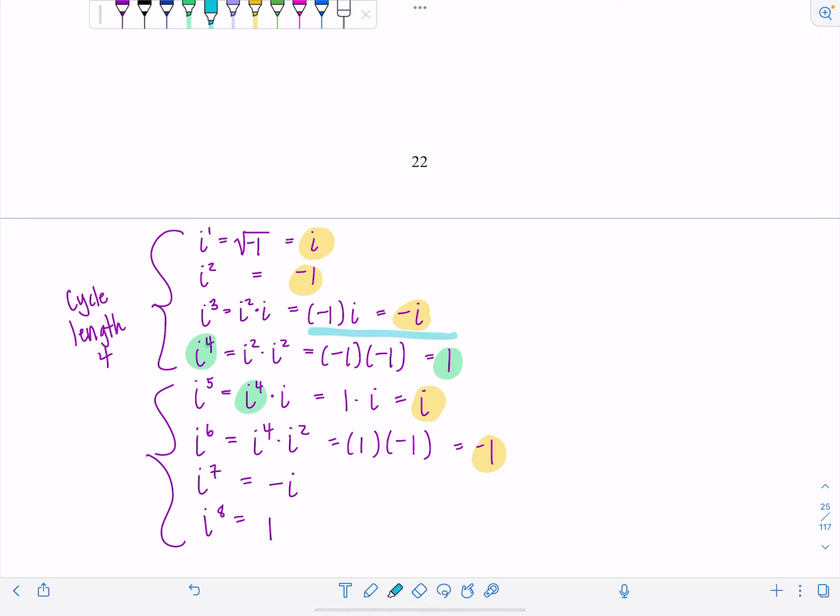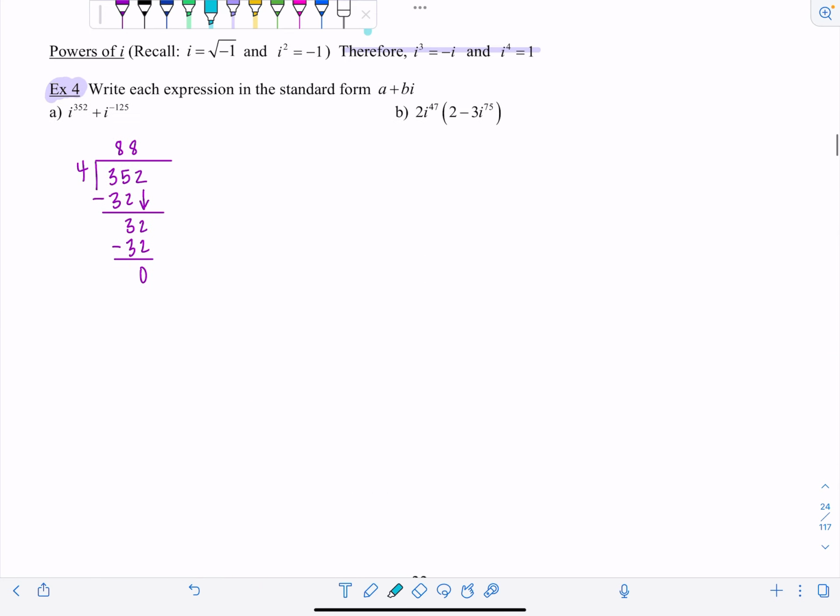The only one that divides by 4 evenly is i to the 4th. So what does that tell me? Since the remainder is 0, i to the 352 is equal to i to the 4th, which is positive 1. So I have that part taken care of, okay? I know, wasn't so bad.